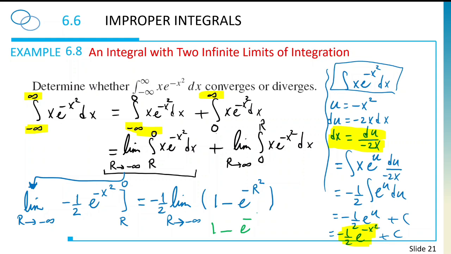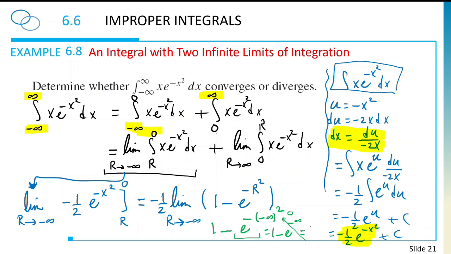So I need to replace r with negative infinity. So it's negative infinity squared, which is infinity. Times negative, it's negative infinity. So all of this is e to the power of negative infinity, which, as we saw before, equals 0. So this is e to the power 1 minus e to the power of negative infinity, and this is 0. 1 minus 0 is equal to 1. And there's negative half outside.